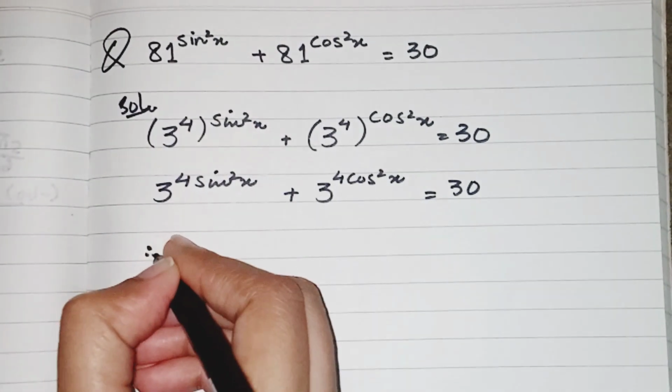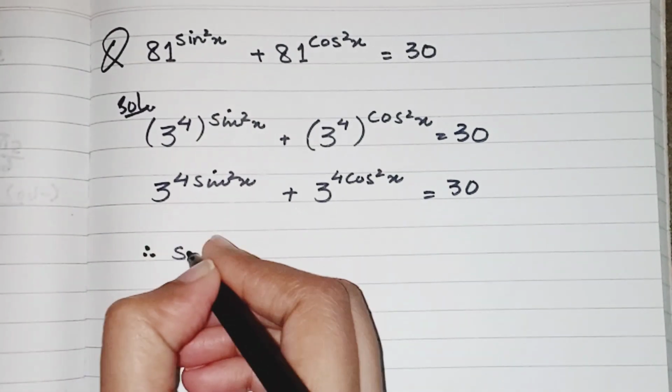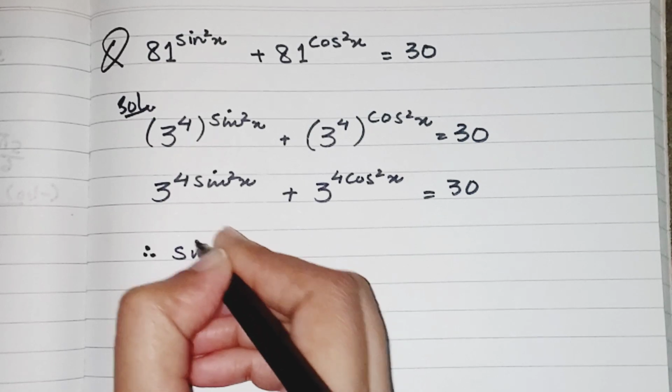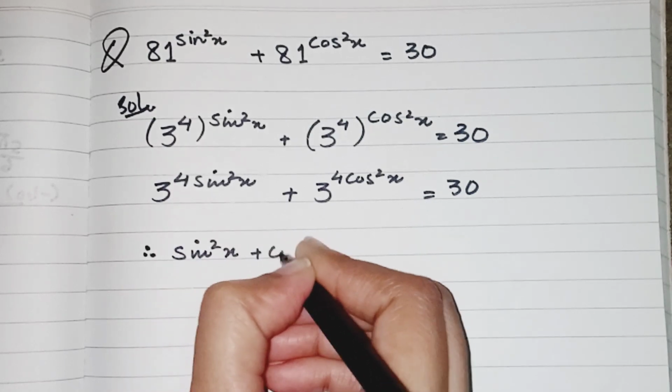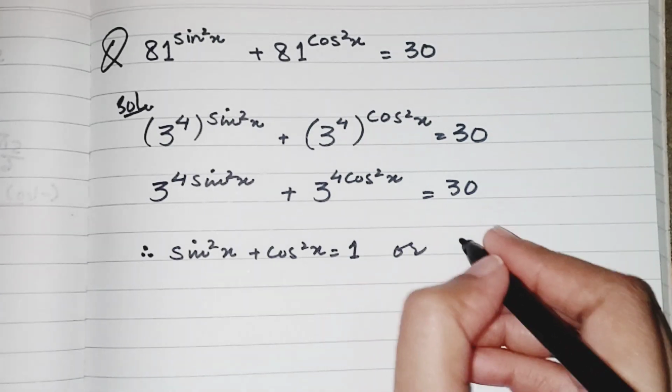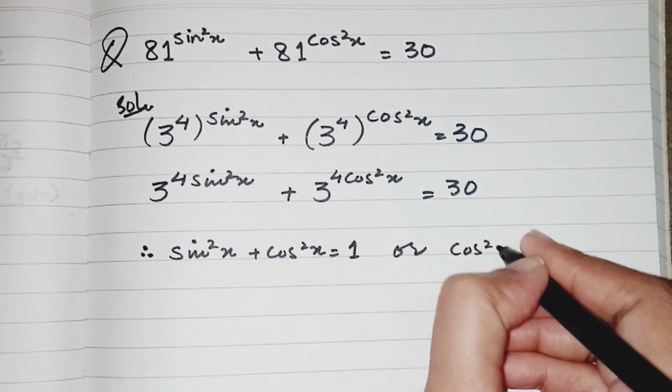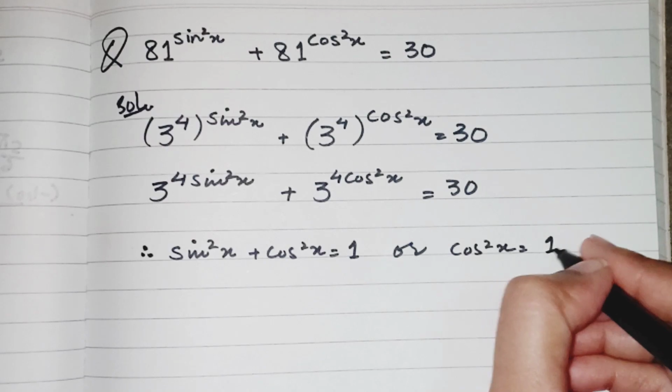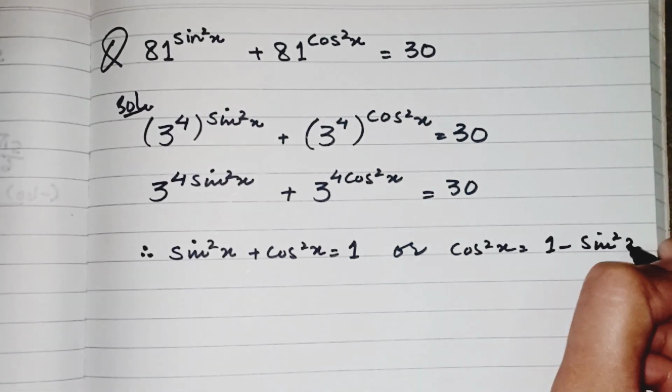Now we all know that we have a trigonometric identity which is sin²x plus cos²x equals 1, or you can say that cos²x equals 1 minus sin²x.